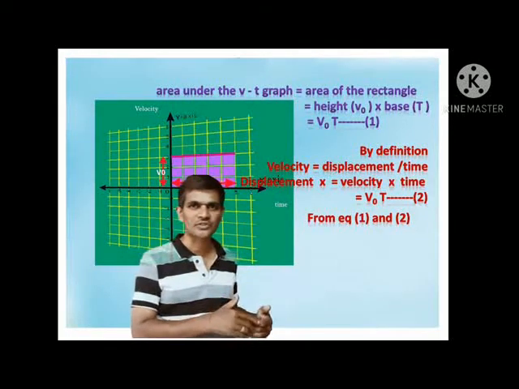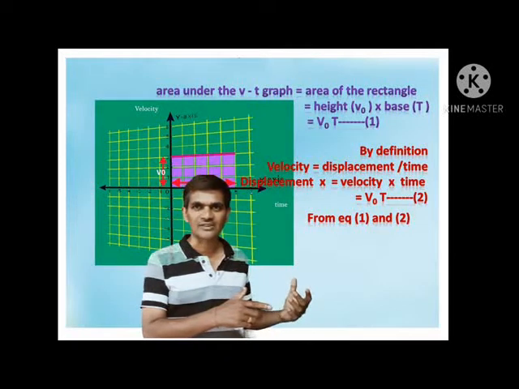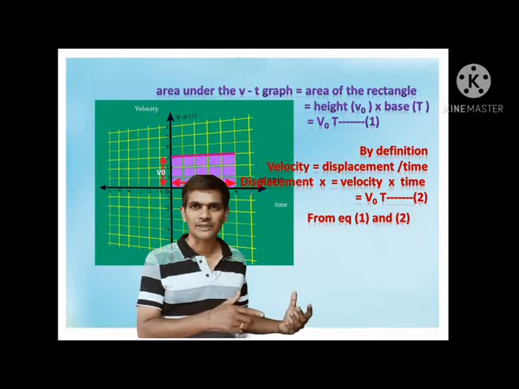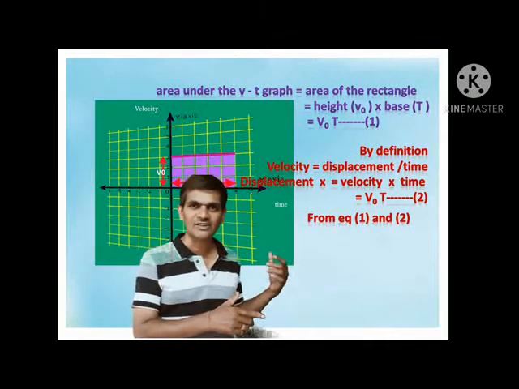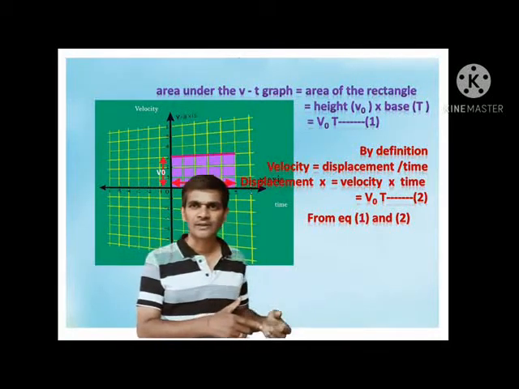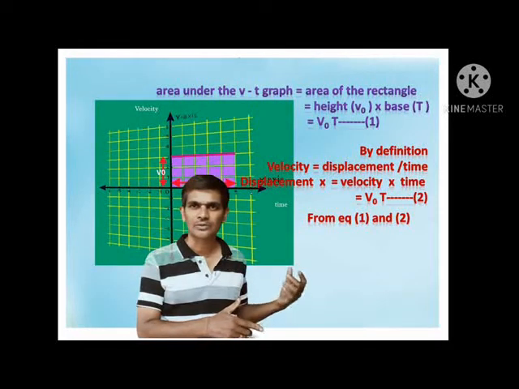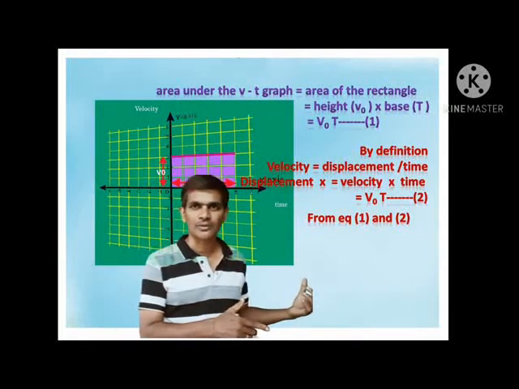So v0 is equal to displacement x divided by time interval t. Now by rearranging this equation, we get the displacement x is equal to v0 into t.